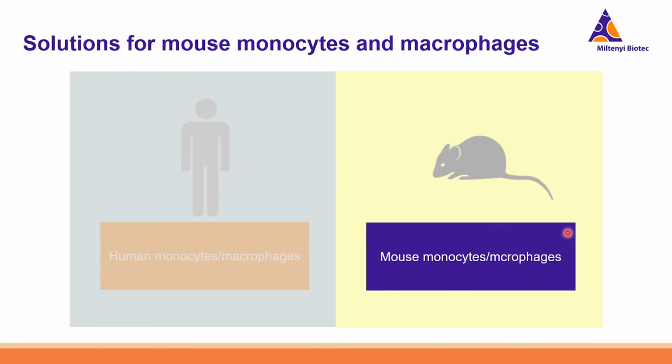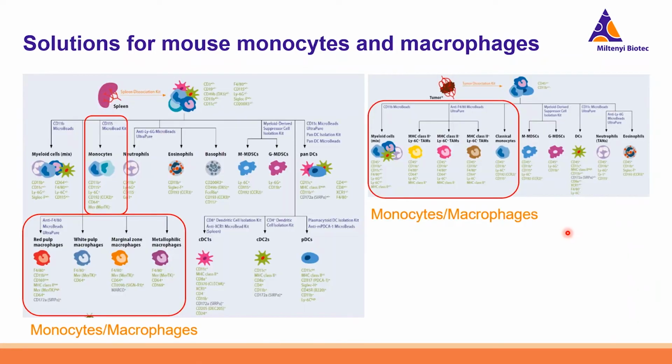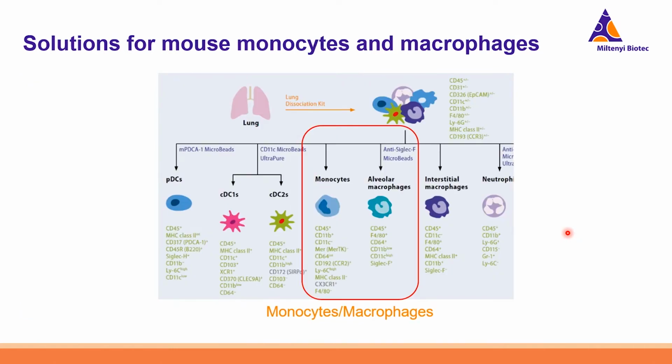Now, let's move to the solutions for mouse monocytes and macrophages. Here we also offer several options for different sample sources, from cell separation to cell culture to cell analysis. And here are the solutions for mouse monocytes and macrophages in the lung, cell separation and cell analysis solutions.